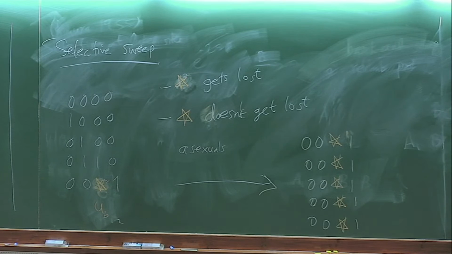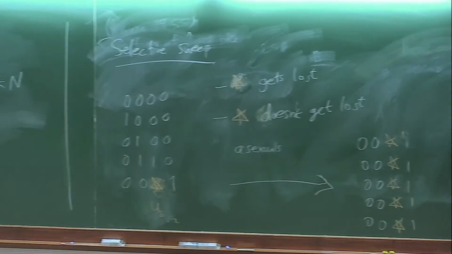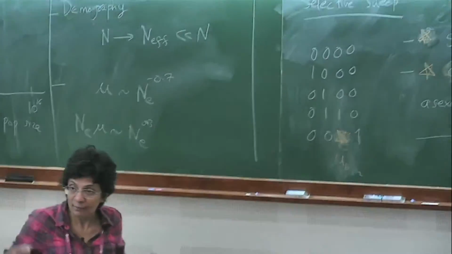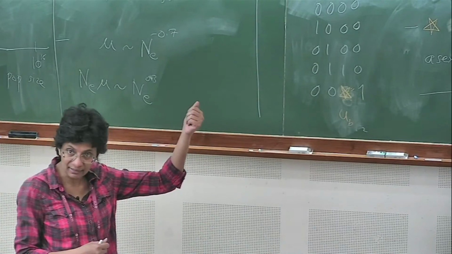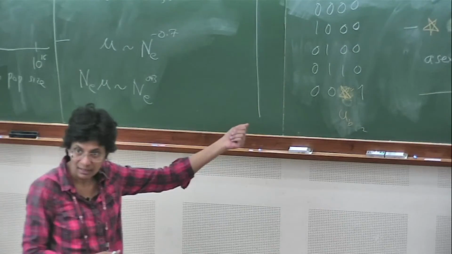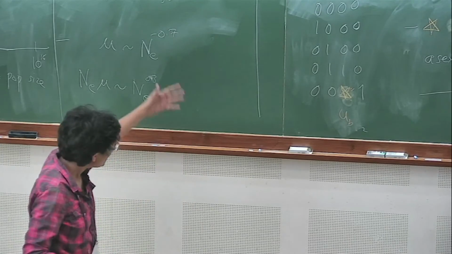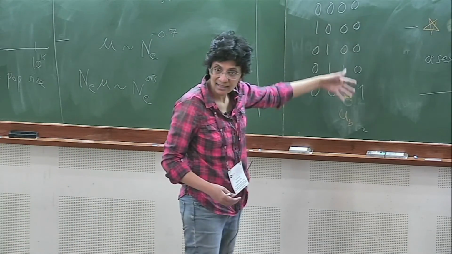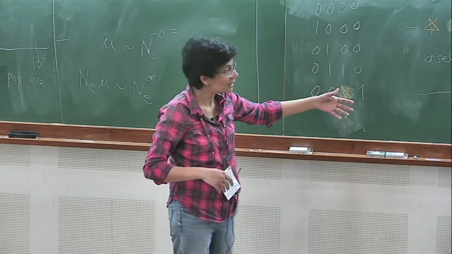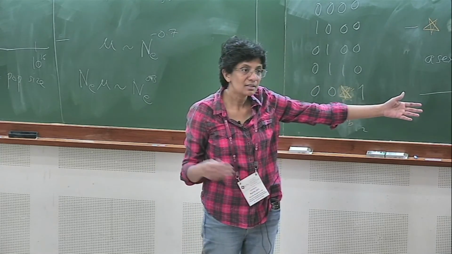Because of this linkage, it has dragged along the neutral variant, because the star was spreading. The neutral one is neutral, and it fixes due to drift, but because of linkage, it hitched a ride with this star. And what did it do? Initially I had diversity, we calculated 0.0036 something. But now, what's the diversity? 0.